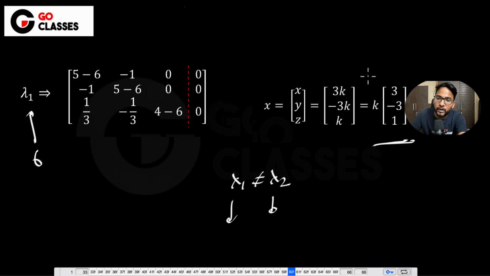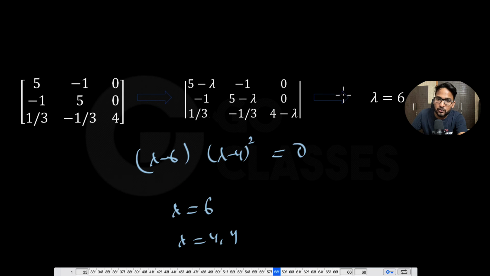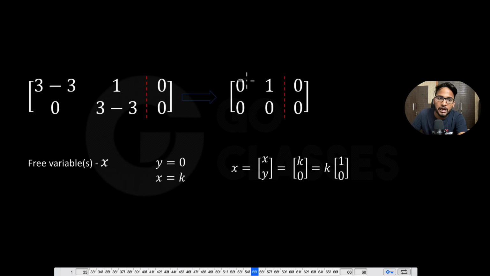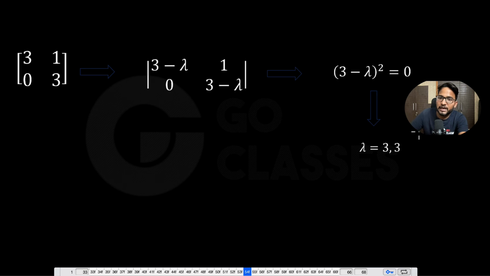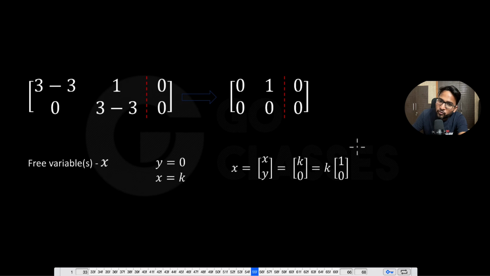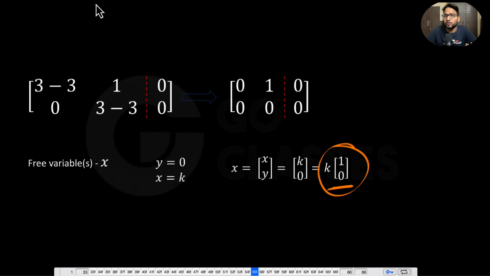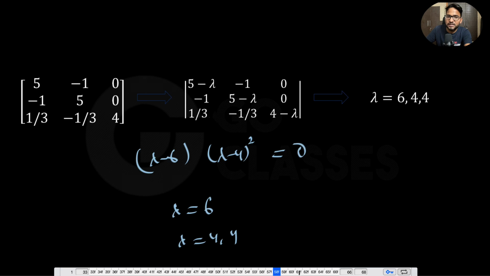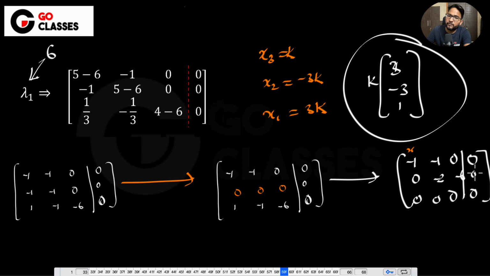In this example also, lambda was repeating 2 times, but I got just one linearly independent eigenvector. Here in this example, lambda is repeating 2 times, and still you got two linearly independent eigenvectors.